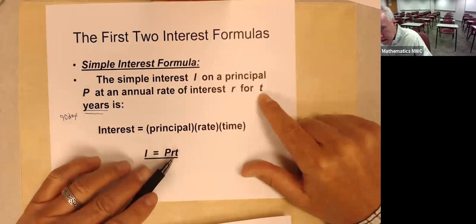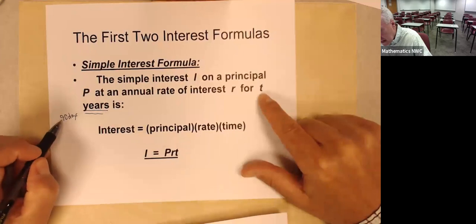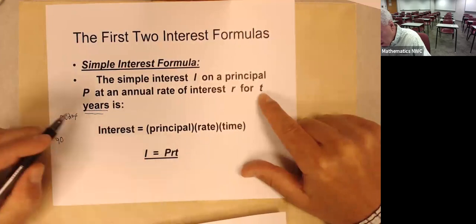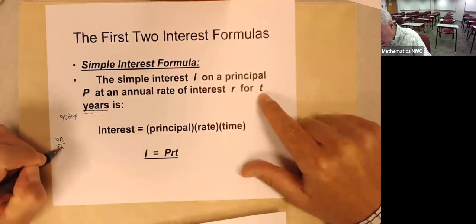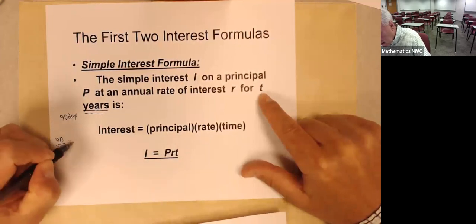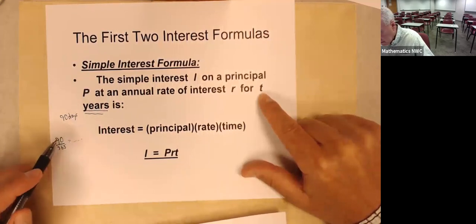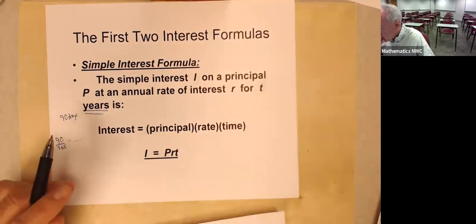They're expecting this to be a yearly time. So if I have it for 90 days, the actual time in years would be 90 over 365. It would be some decimal. We'll be looking at both years as well as days.